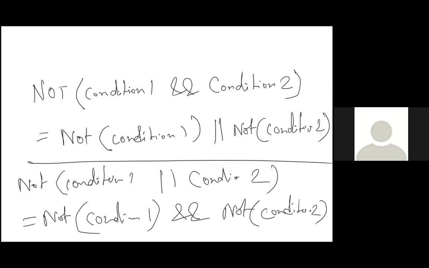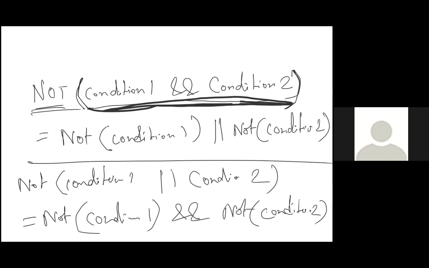So the negative of two conditions which are bound by AND, negative means reversing it. Let me see how it works. So condition 1 and condition 2, if I want to now negate it, if you take each individual condition and negate it, then that would be an OR condition.